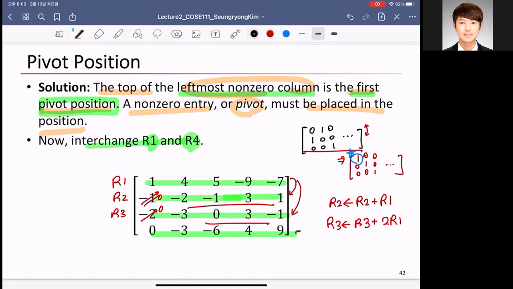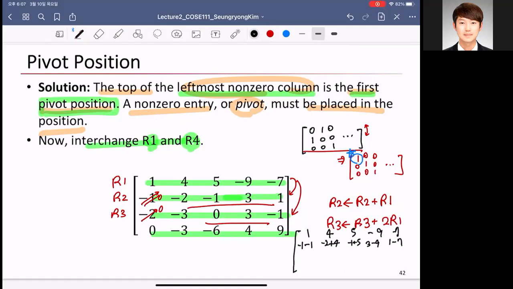So let's do that. There was nothing special on R1: 1, 4, 5, -9, -7. And the new row 2 is going to be -1, -1, -2 plus 4, -1 plus 5, 3 minus 9, 알겠죠? 1 minus 7, 그렇죠?